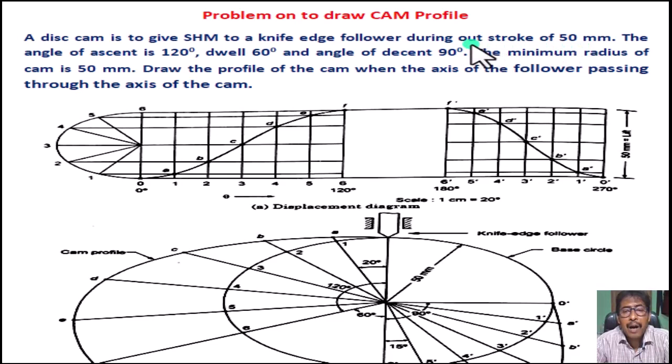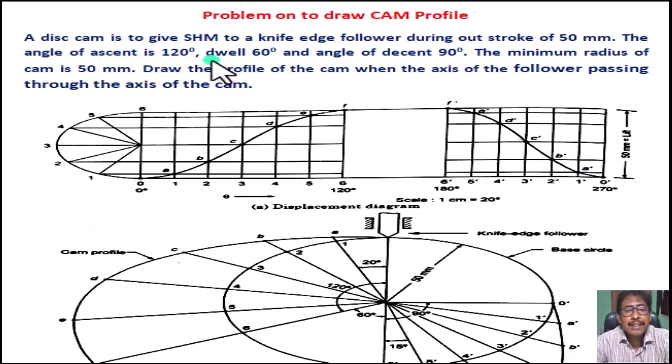Here the outstroke is 50 mm. The angle of ascent is 120 degrees. Angle of ascent means the angle of rotation of the cam during which the follower rises up.